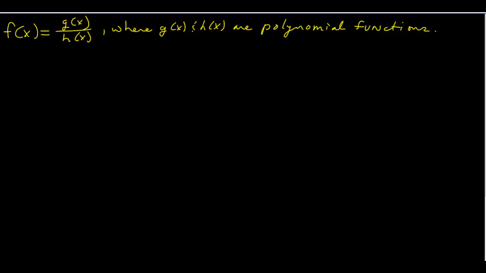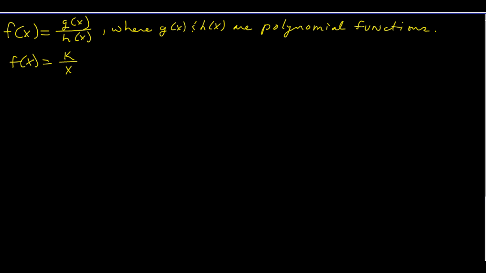We've been studying rational functions in the form f of x is equal to g of x over h of x, where g of x and h of x are both polynomial functions. We started out by looking at the simple reciprocal function, f of x is equal to some constant over x. The numerator of this type of function is a constant, so it has a degree of 0.